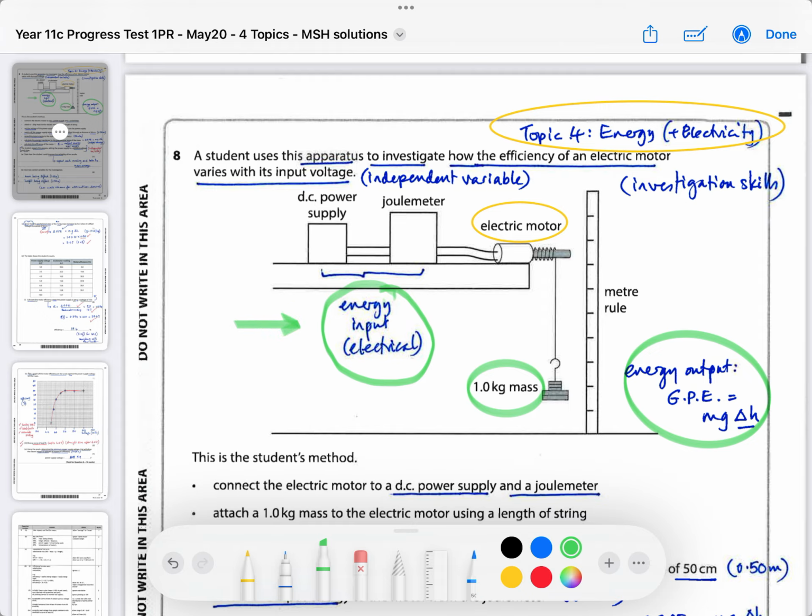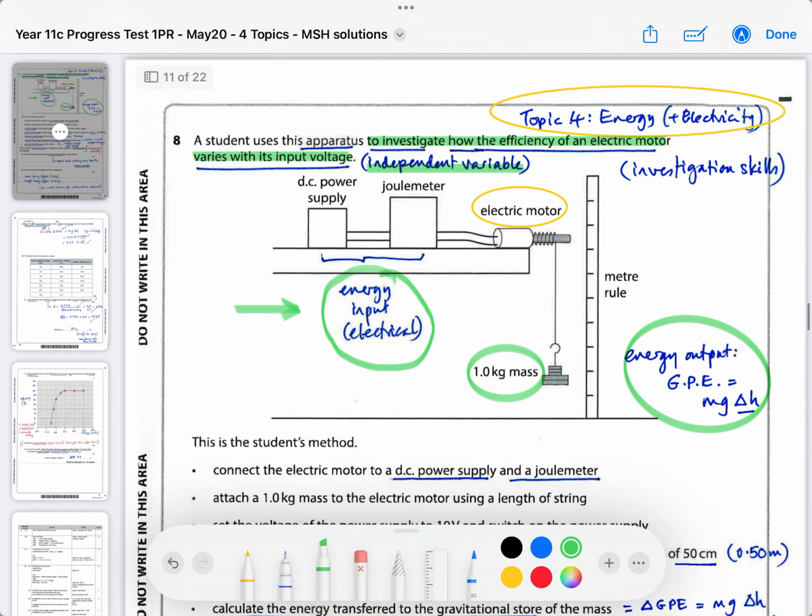What they wanted to investigate is how the efficiency of an electric motor depends on the input voltage. So that will be the independent variable, and the efficiency would be the calculated output variable, or the dependent variable.